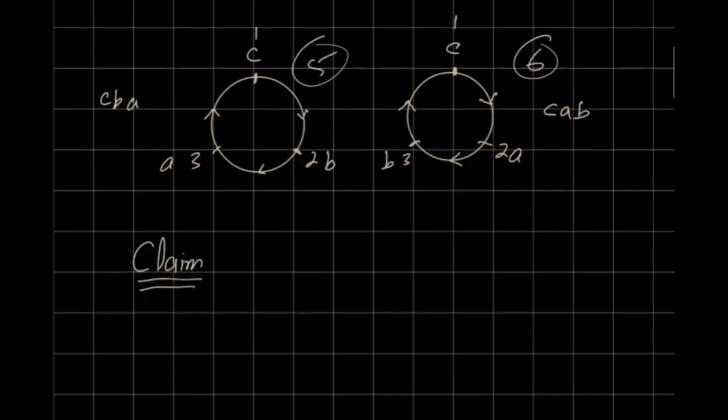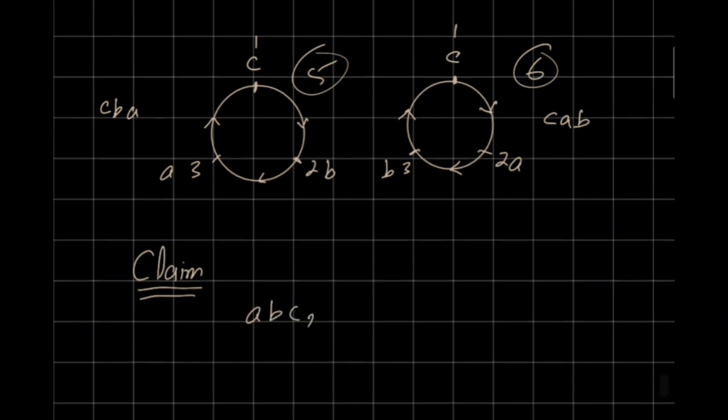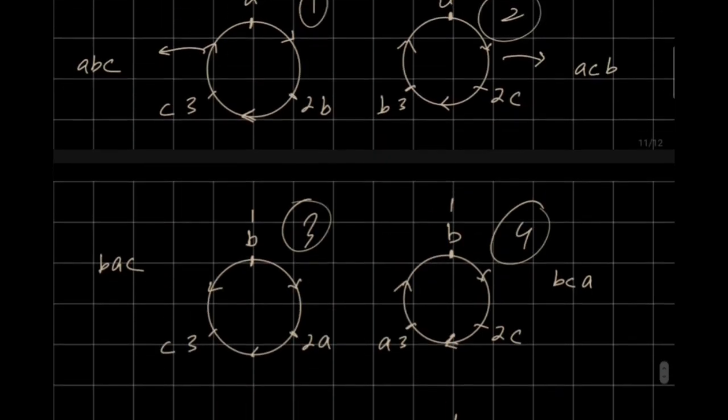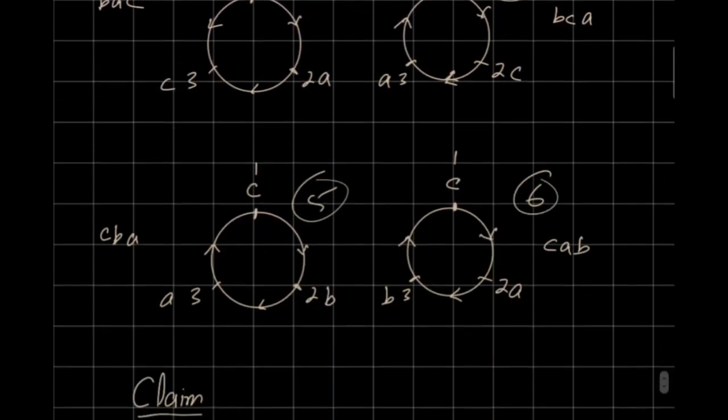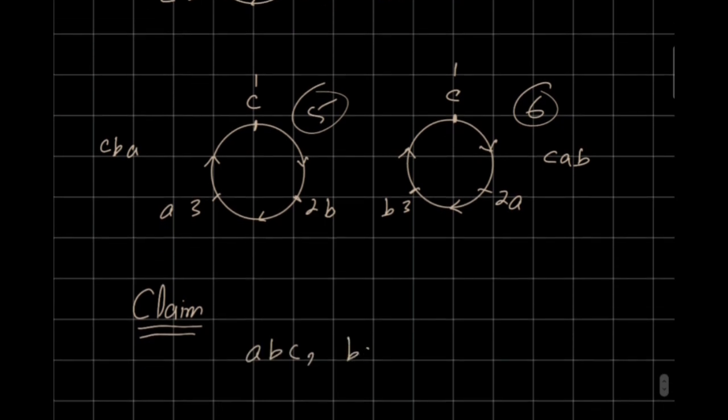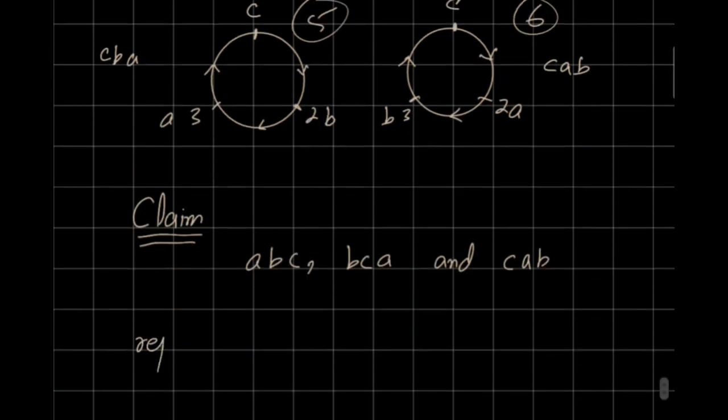Okay, I claim that A B C, then B C A, and C A B represent the same permutation.